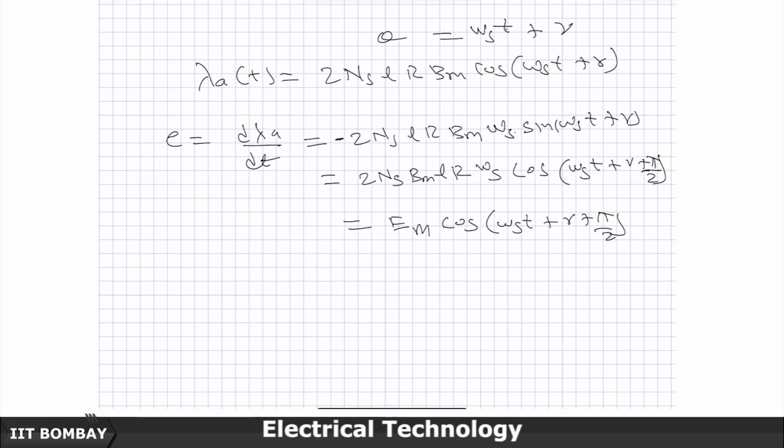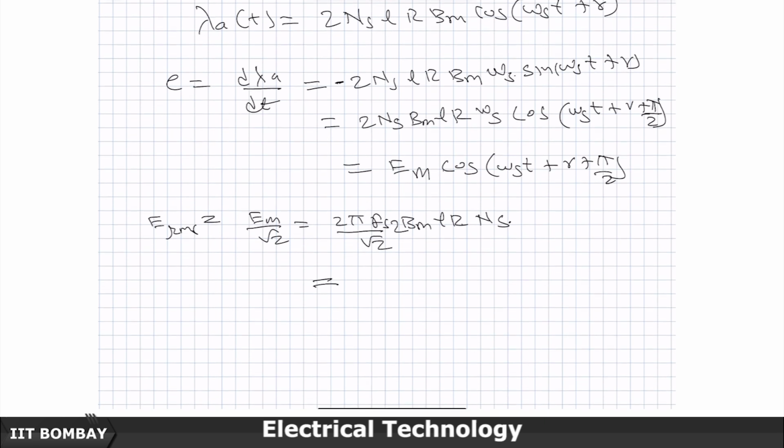So, if I want to calculate the RMS value of the induced EMF, then it will be Em by root 2, which is 2 pi Fs by root 2 into Bm LR into 2 Bm LR into 2 Bm LR into n of s.